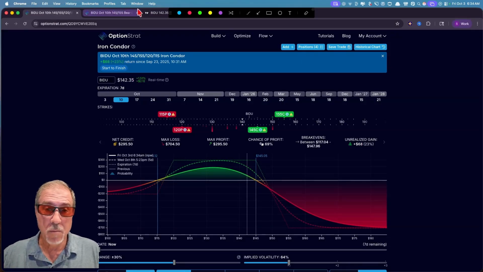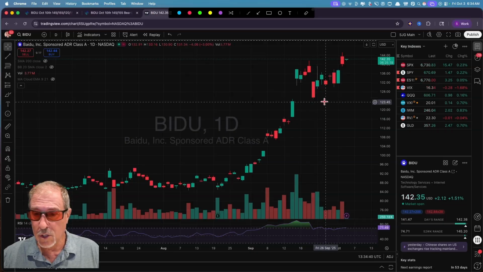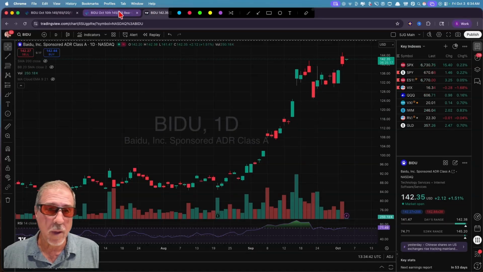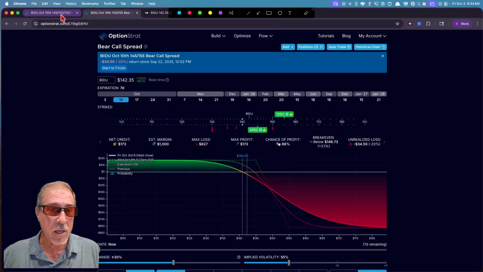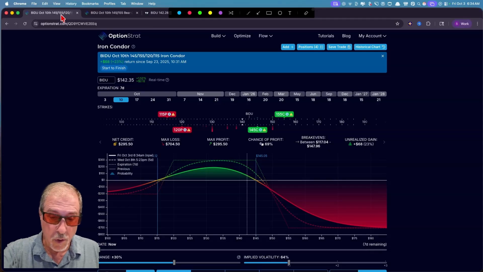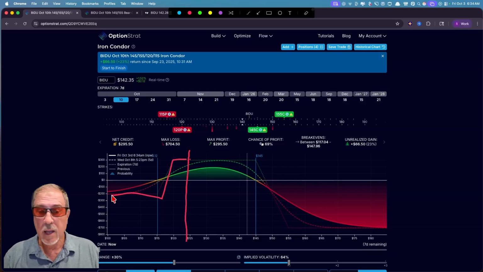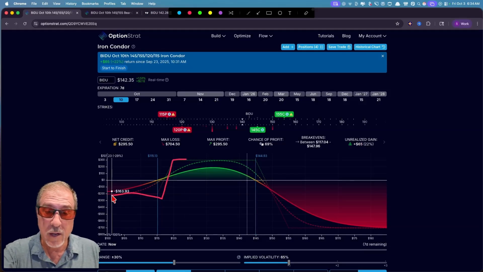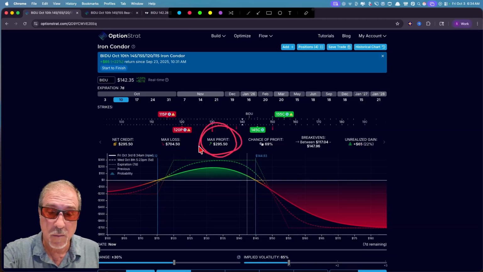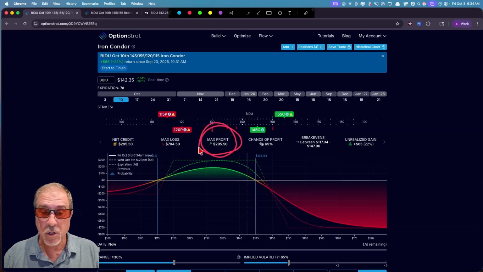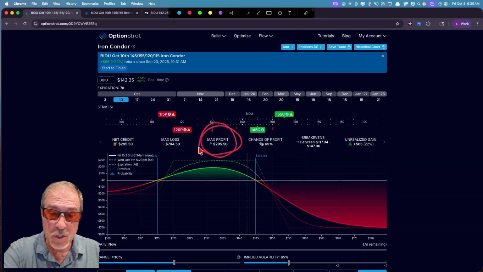So again, Baidu pulled back. If we take a look at our chart here, Baidu pulled back to around the 124 range. So when we pulled back into that 124-ish range, I came and sold a put spread. What that did for me was dramatically increase my max profit potential, and it reduced my overall risk in the trade.